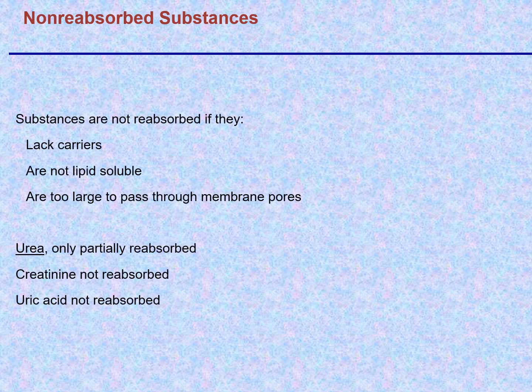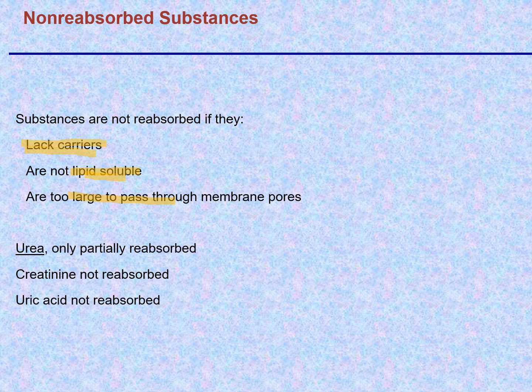Anything that is normally not reabsorbed at all is because there are no carriers, or they can't cross on their own through the lipid membrane. Anything that's lipid soluble normally would go straight across. So substances that can't be reabsorbed, there's no carrier, or they're not lipid soluble, or they're just too large to go through the pores.